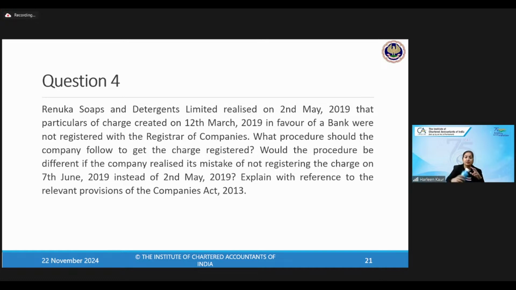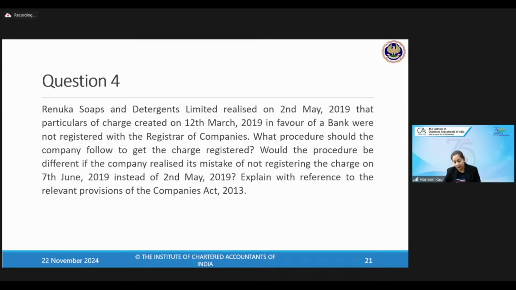What should be the correct answer for question number 4? Everyone should think and answer this question. Good, good.